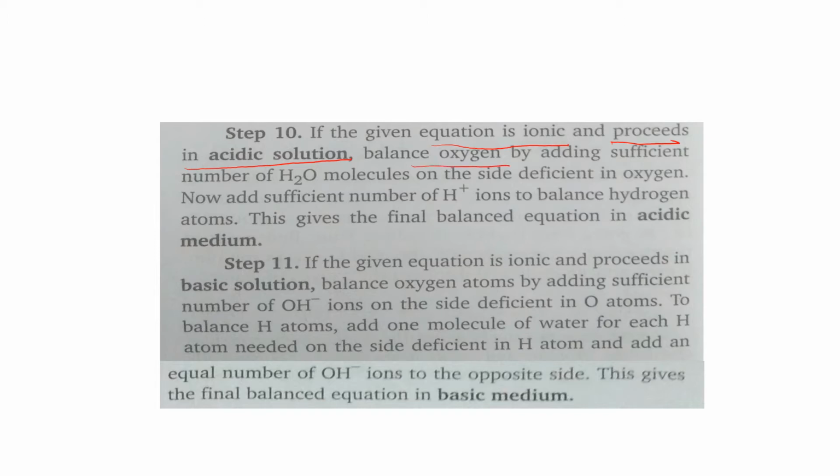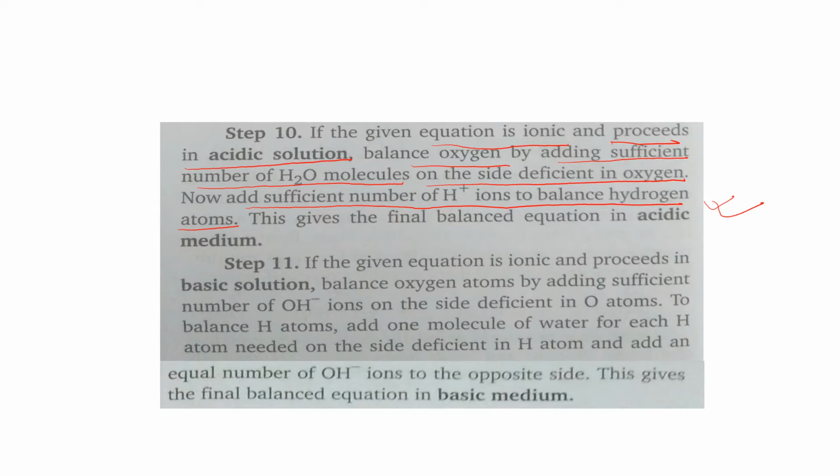Balance oxygen by adding a sufficient number of H2O molecules on the side deficient in oxygen. The side in which the oxygen is less, on that side you have to add H2O molecules. Now add a sufficient number of H plus ions to balance hydrogen atoms. This gives the final balanced equation in acidic medium.